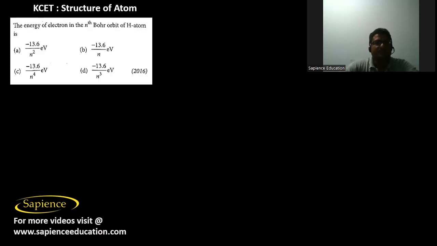Then here it is told the energy of the electron in the nth Bohr orbit of the hydrogen atom is.